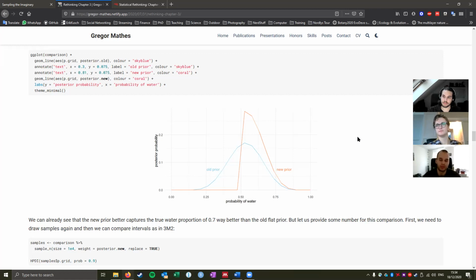So we're getting closer to the real value, which is around 0.7 in this case. The probability for the value at 0.7 increased compared to the old distribution, the blue one here.